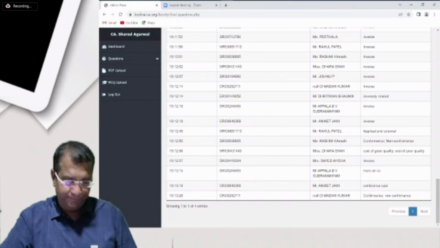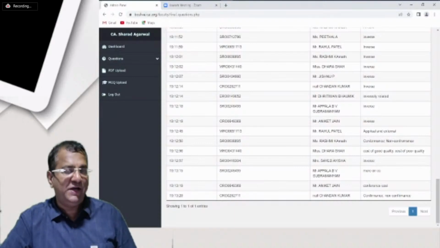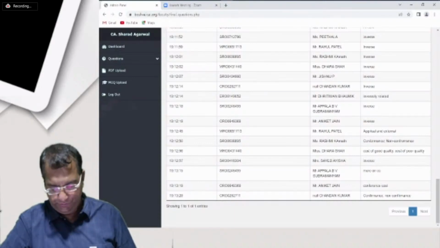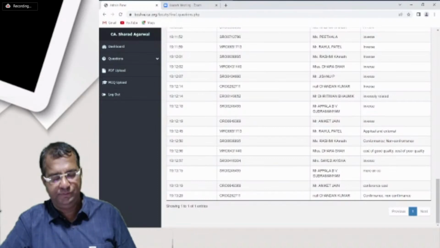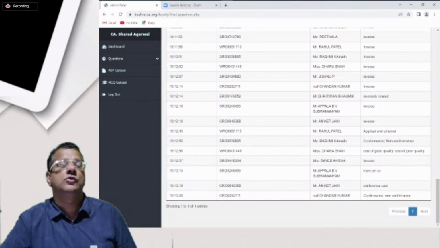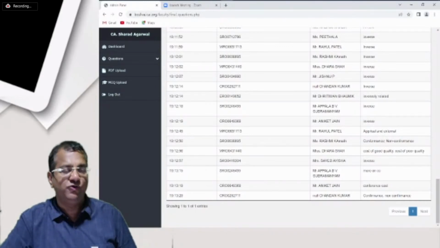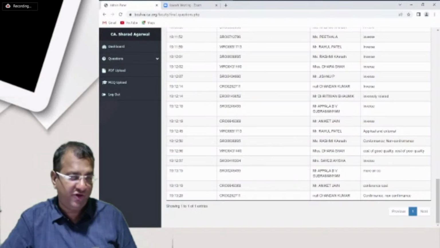That is, if we increase expenditure on conformance cost, comma, non-conformance cost can be reduced, and vice versa.